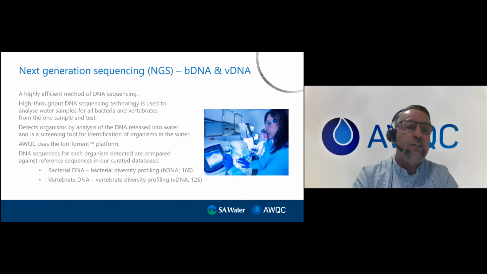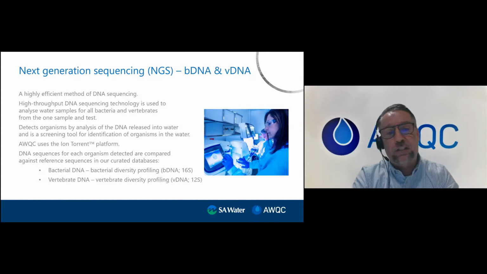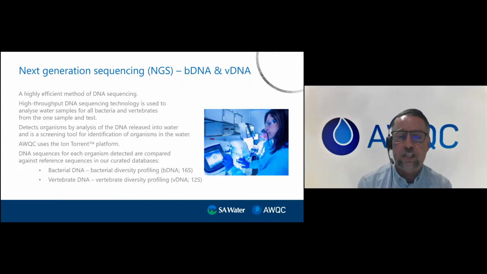It detects all organisms by analysis of the DNA released into water, and is a screening tool for the identification of all of the organisms in that particular water sample. The DNA sequences for each of the organisms that we detect in a sample are then compared against the reference sequences in our curated databases.